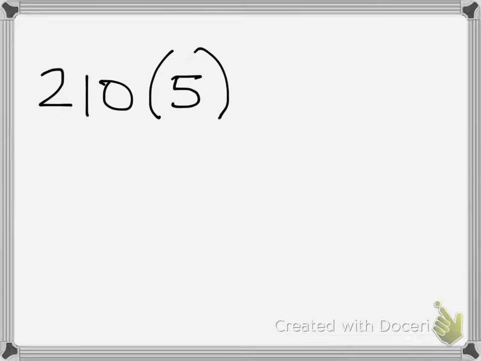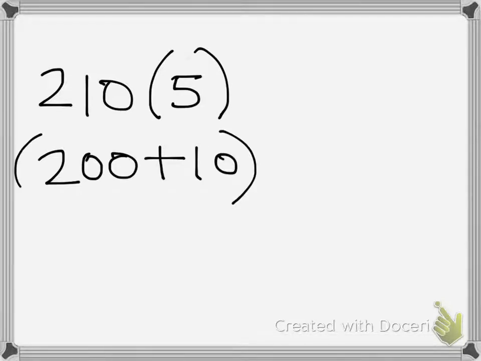So let's try another one like that. Let's say 210 times 5. Now you try to break it up how you'd like to do it mentally and find your answer. Did you find it? I think if it were me, I would break up 210 into 200 plus 10 and keep the 5 how it is.